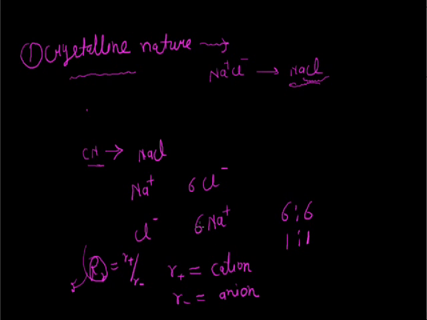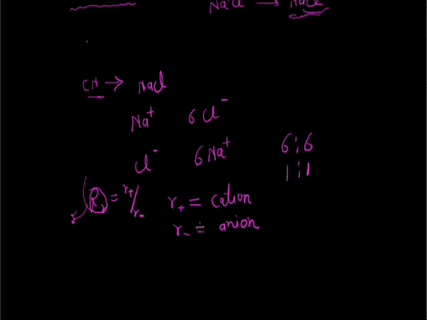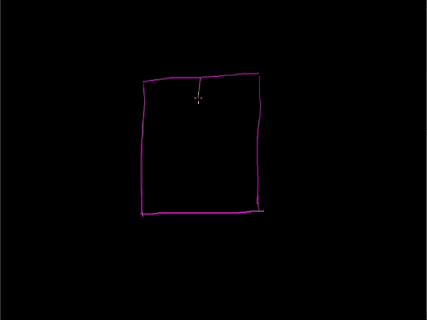Now we will draw the simple structure of NaCl. For the drawing of the NaCl structure, first simply draw a square. After drawing the first square, put a plus sign.